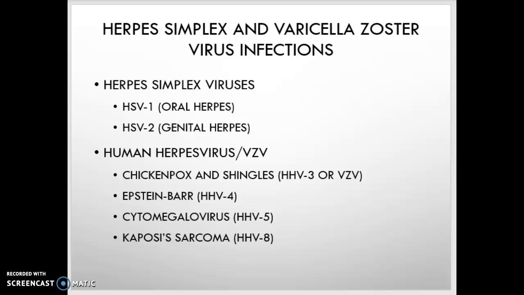HHV6 and 7 are really not clinically significant. They're associated with exanthem subitum, what you might commonly know as roseola or sixth disease or roseola infantum. And so antibodies to HHV6 and 7 are almost universally present in everyone by the age of 5.